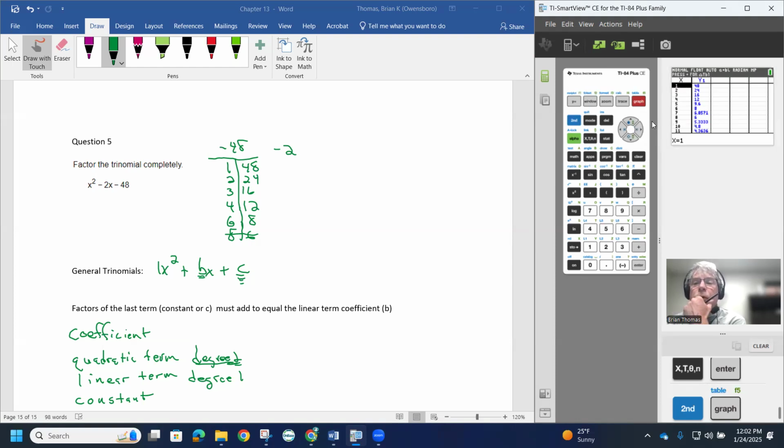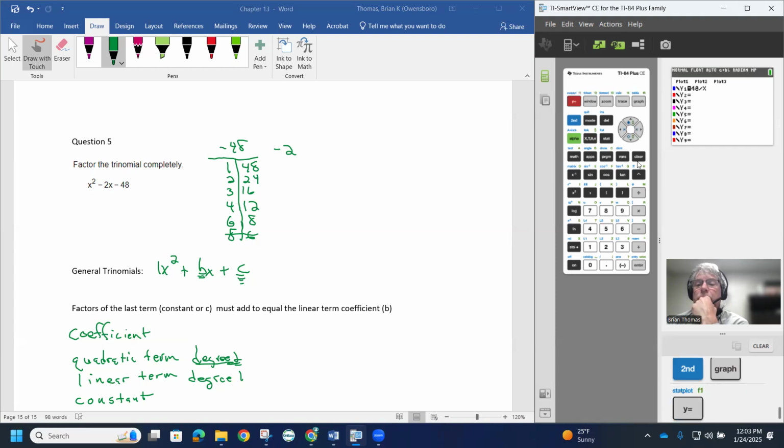Now, if you really want to get gung-ho, if you're like, man, this is still a little much, you actually can type into your calculator -48 divided by x. So you actually can put the negative in there if you want. And it'll generate a table.